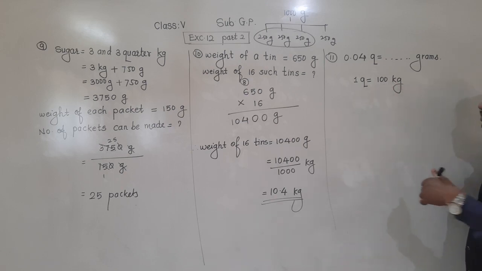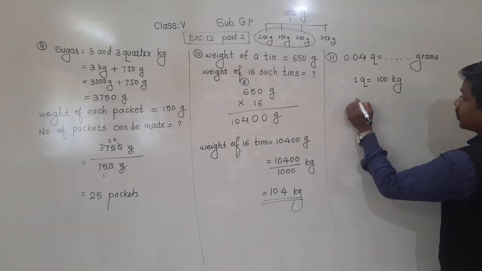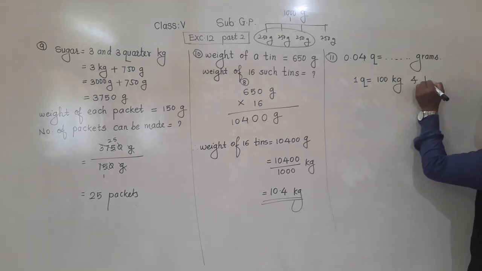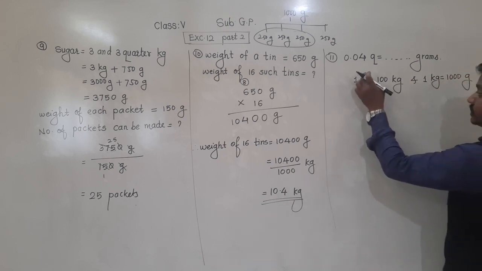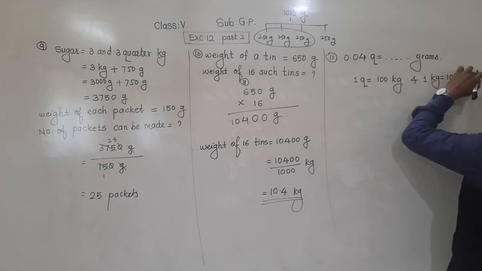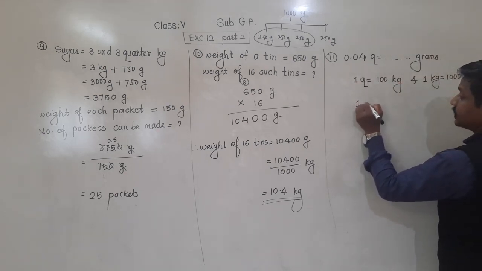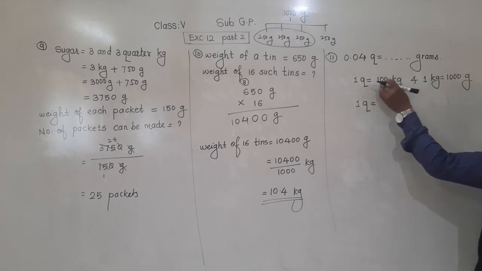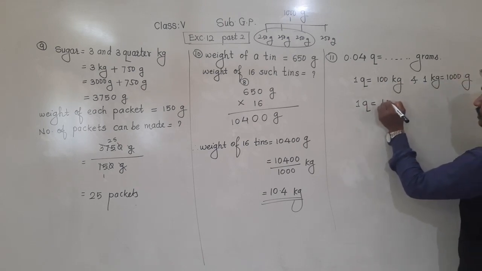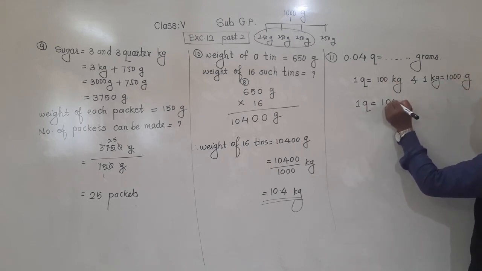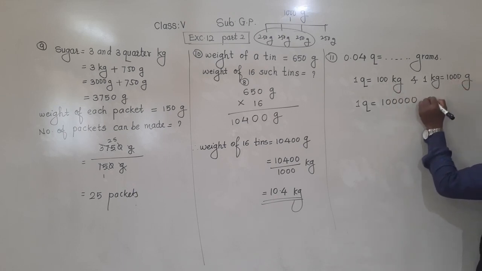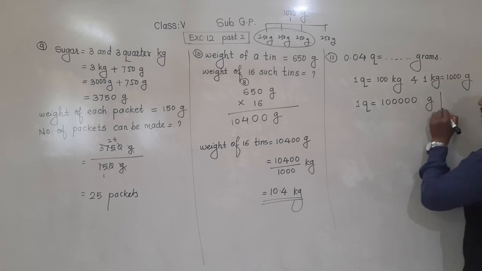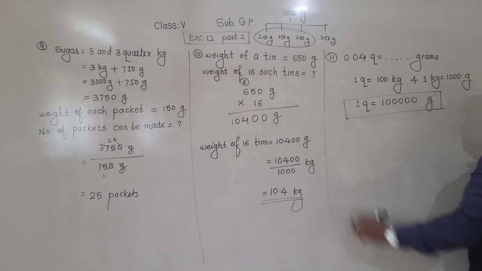So if you want to convert quintal to gram, then 1 quintal is equal to 100 into 1000. That is after 1, 5 zeros: 1, 2, 3, 4, 5. 5 zeros and gram. So this is the conversion of quintal to gram.